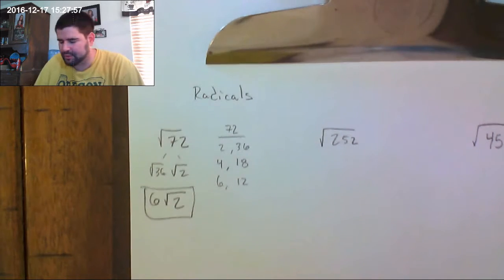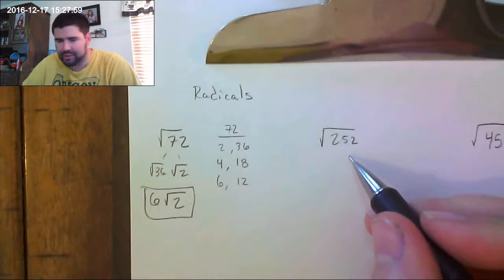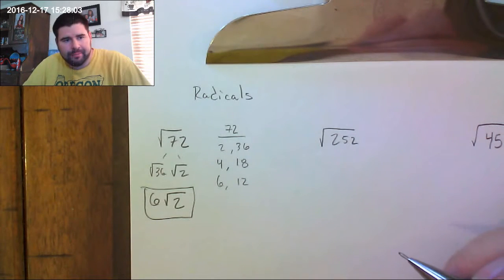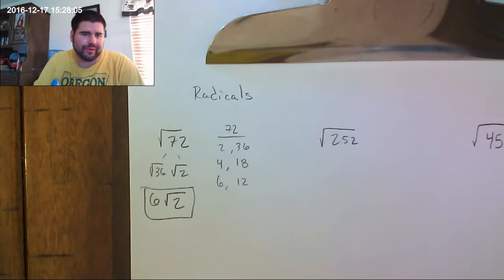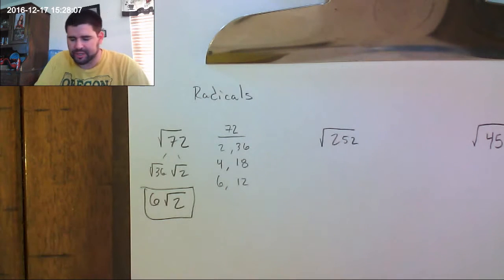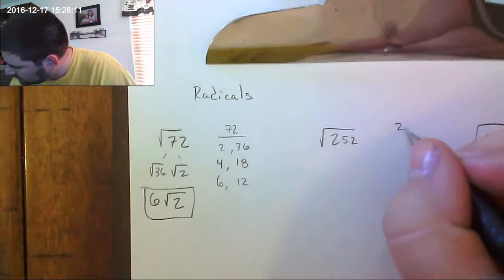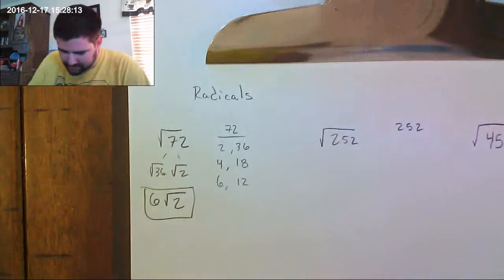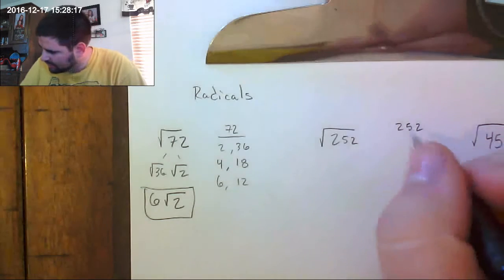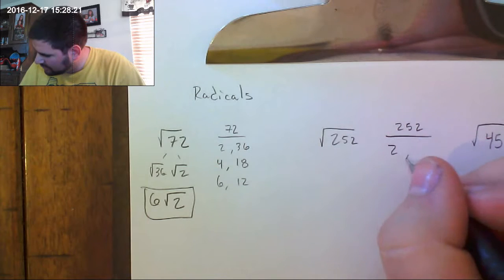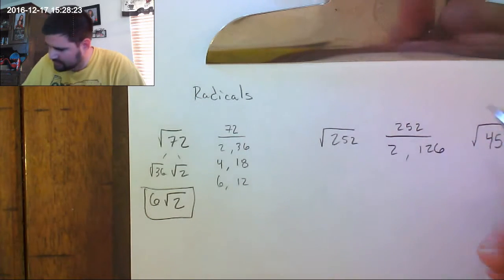That's my answer. Now this one's a little bit bigger. So with this guy, you might need to bring out a calculator or something to help you find that list of perfect squares. So I got 252, and I'm always going to start with 2 because that is a big number that we can factor it out. 126.